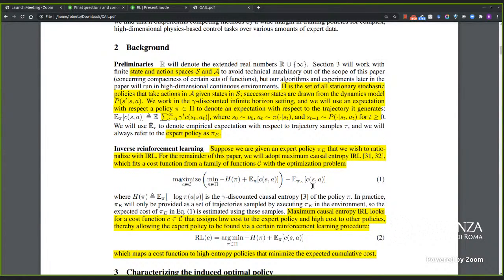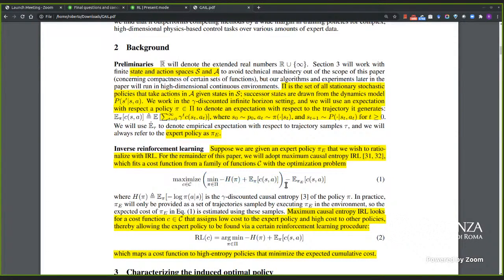And in here instead, we're trying to maximize over the cost function, in such a way that we can find a cost function that assigns a low cost to this expert behavior and a higher cost, compared to the one of the expert, to any other policy that we might find here.